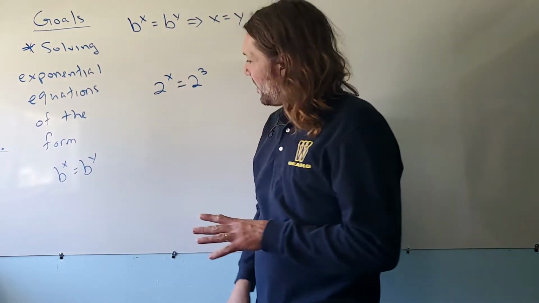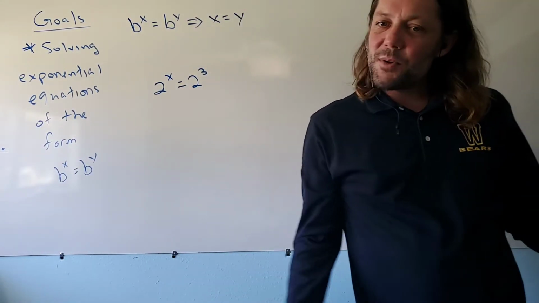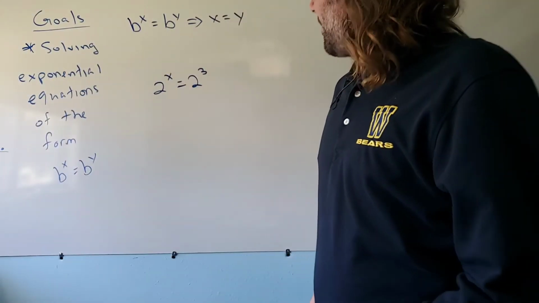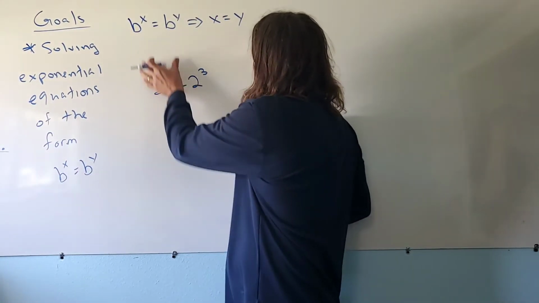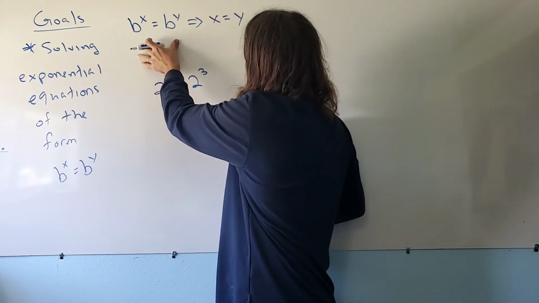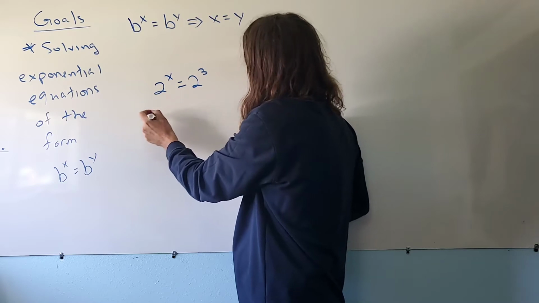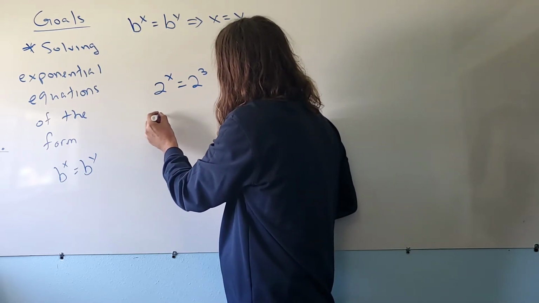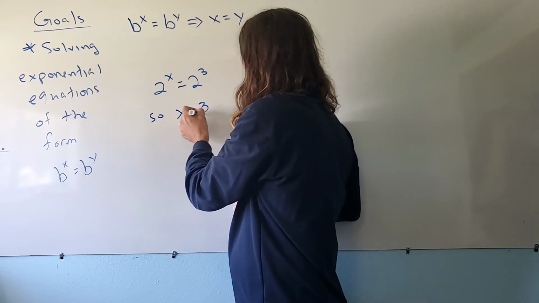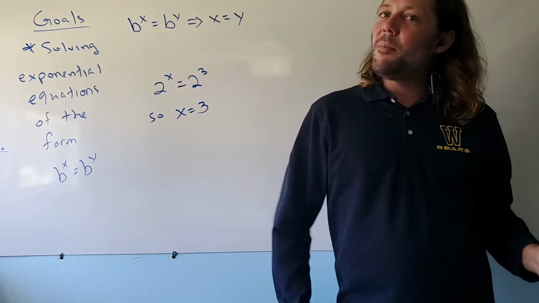And so what I've done is I've set up a very simple equation for us to use this rule. And we can very quickly follow this form. So I have this, so I get this. So that means that I can very quickly determine that x must be equal to 3. So this is a very simple problem to solve.